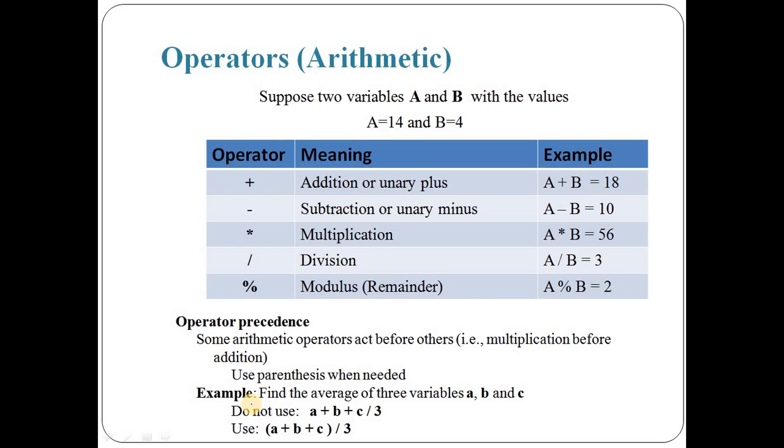So arithmetic operators are plus, minus, star, modulus and ampersand, though all operators are binary, they require two operands, and the examples include, if I have a and b, then if a is 14 and b is 4, then the addition would be 18, and similarly we have calculated all the operators' values.